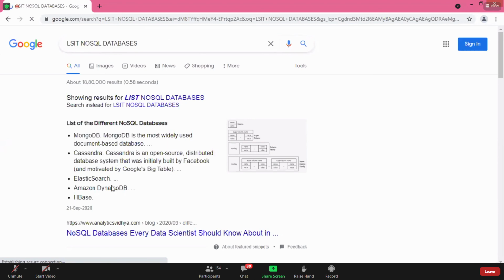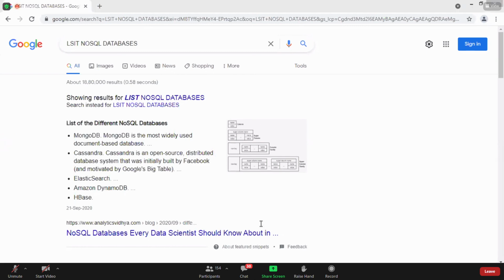MongoDB, Cassandra, Amazon DynamoDB, HBase, all these are NoSQL databases.